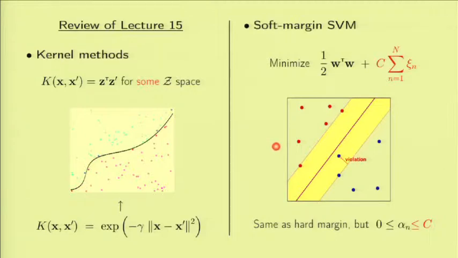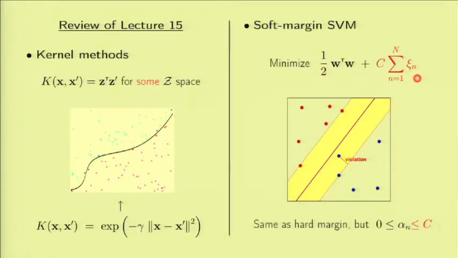And therefore, it might be a good idea to sort of ignore them, and ignoring them meaning that we are going to commit a violation of the margin. Could be an outright error, could be just a violation of the margin where we are here, but we haven't crossed the boundary, so to speak. And therefore, this gives us another way of achieving better generalization by allowing some in-sample error, or margin error in this case, at the benefit of getting better generalization prospects.